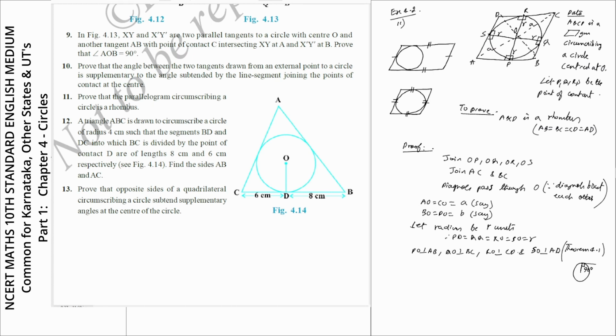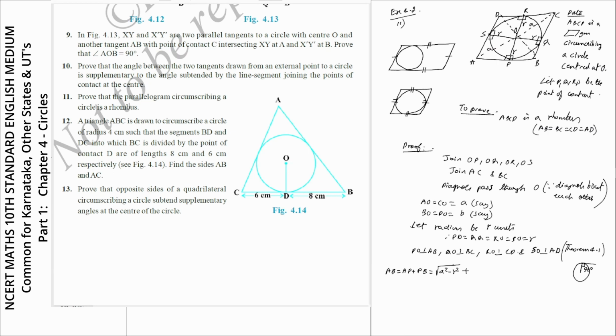Now what is the length of AB? Length of AB is equal to length of AP plus length of PB. So what is the length of AP now? APO is a right angle triangle. So AP is equal to square root of AO square minus PO square, that is square root of A square minus R square.